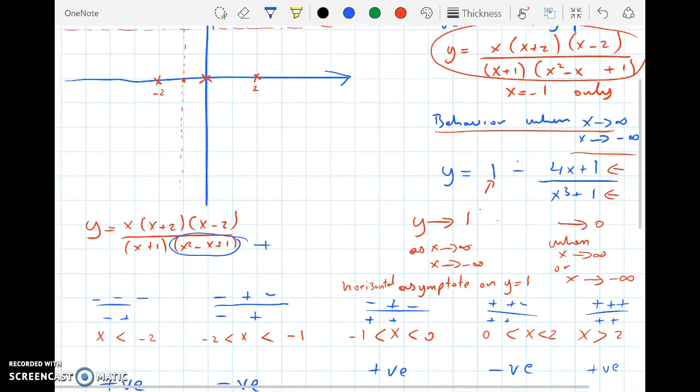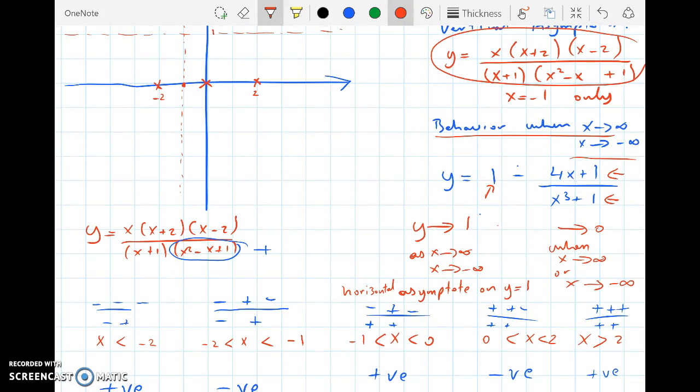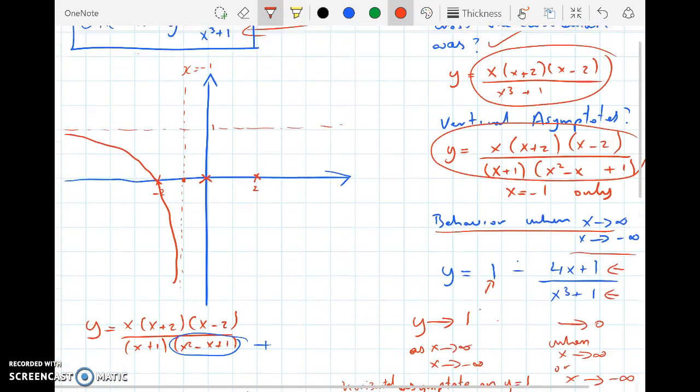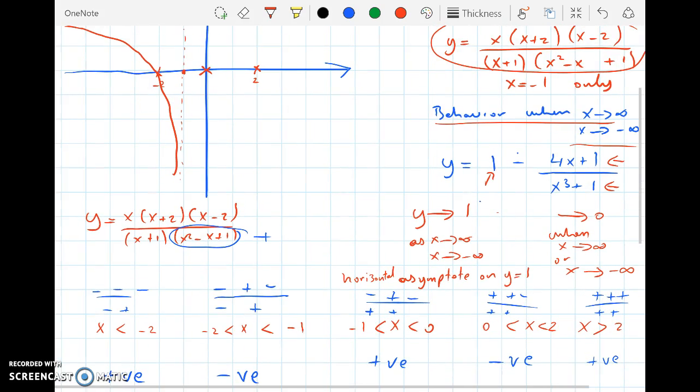Okay, so that should help us to sketch our curve, because we now know that when x is less than minus 2 the curve is positive, but we've got an asymptote here going to negative between there and minus 1. So between them, we've basically covered these 2 bits now.